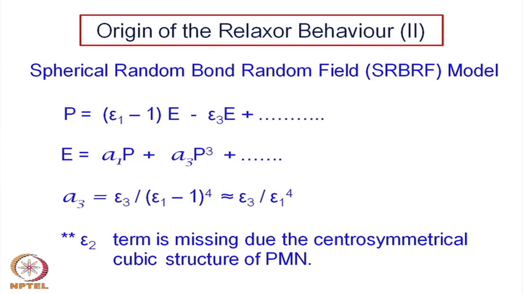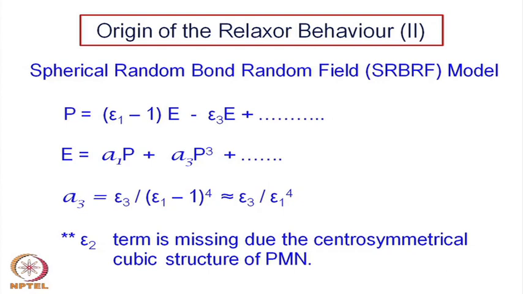This has been explained by a theory or model called the spherical random bond random field model, in brief called the SRBRF model. Now, it says, as I have just mentioned, that we have variations in the domain structure, and the characteristics of each of these domains are different. Not only is their size very small, but each one of them has a different relaxation time.